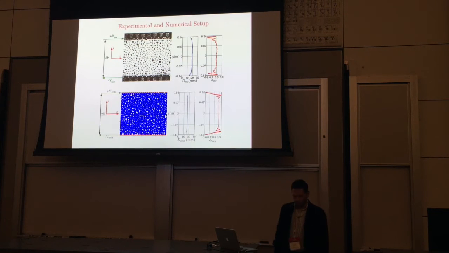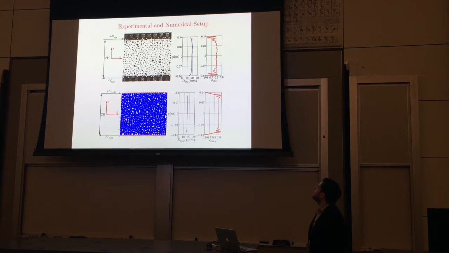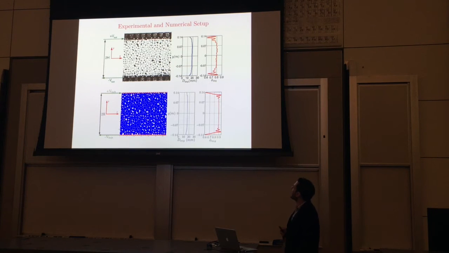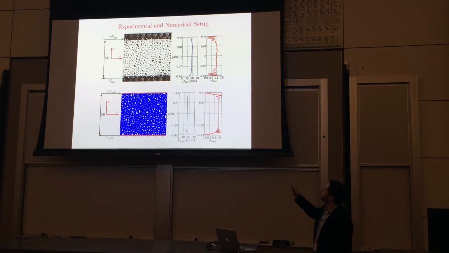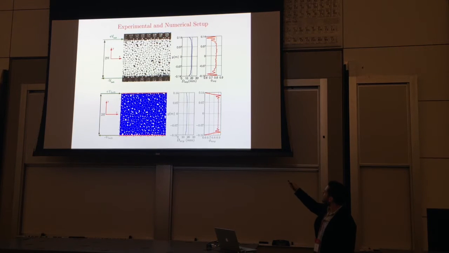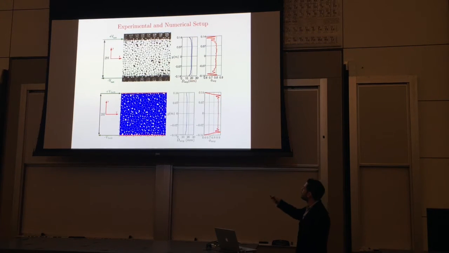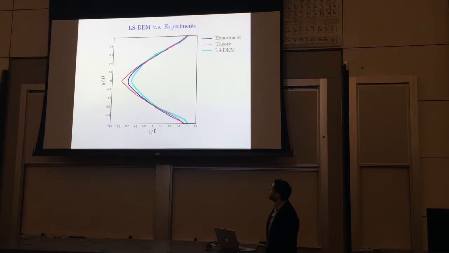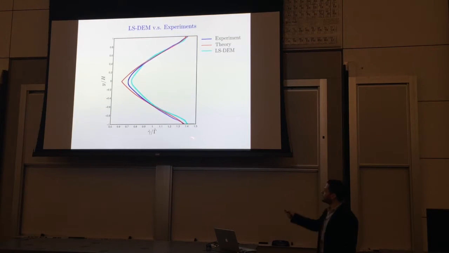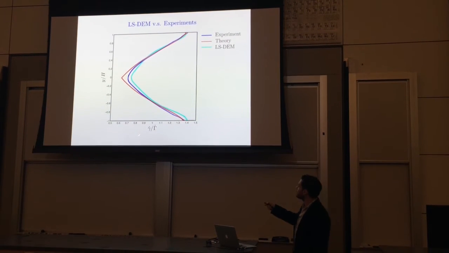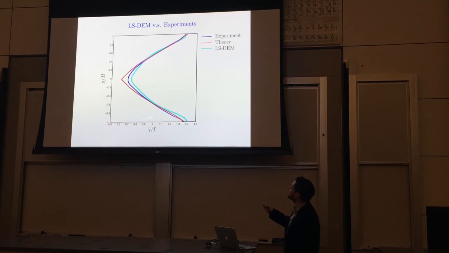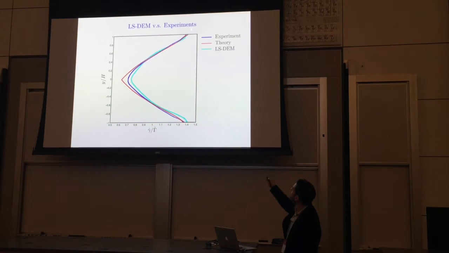And here is our numerical setup. We also use the same number of particles, same distribution, three different sizes, and we plot the same curves or values. The average diameter and the porosity are exactly the same, but we don't calibrate for them; we calibrate for this curve here, the normalized shear strain rate across the section.